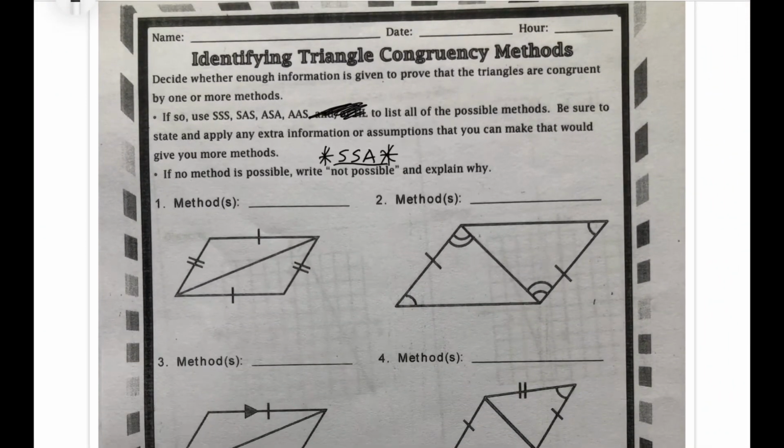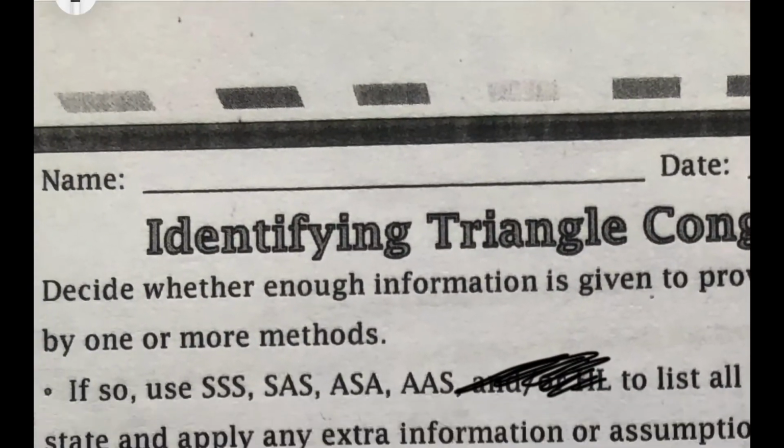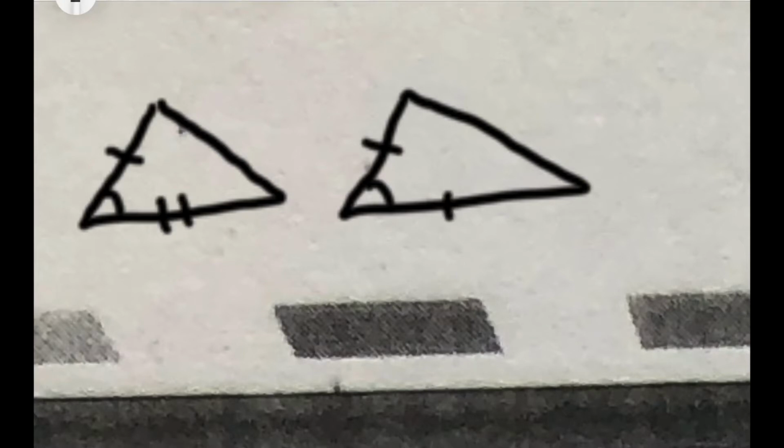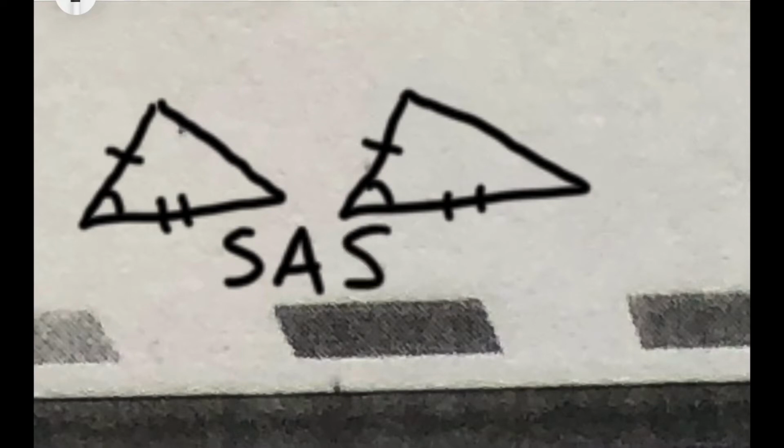So before we look at one that has multiple ways to show congruency, let's look at an easier one. If we were given two triangles, and we are told this side and this side was congruent, this angle was congruent, and these two sides were also congruent, then we would know these triangles are congruent due to side, angle, side.